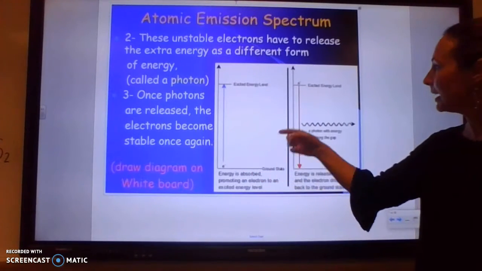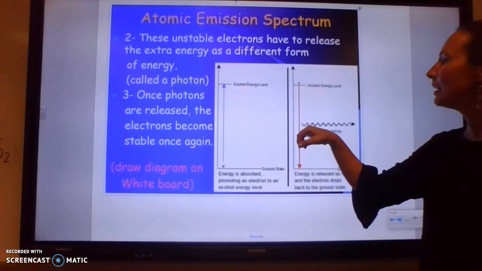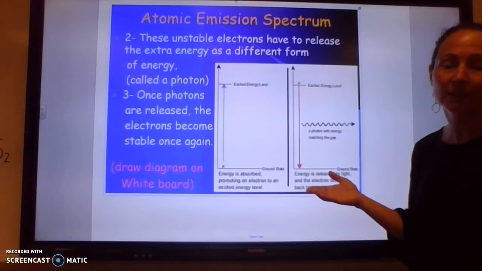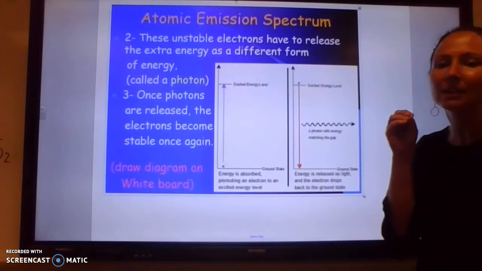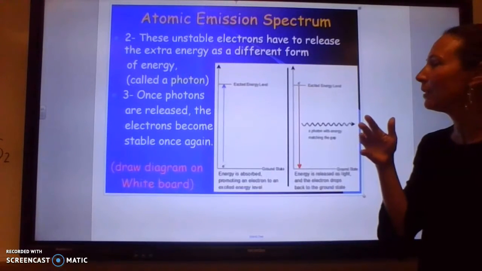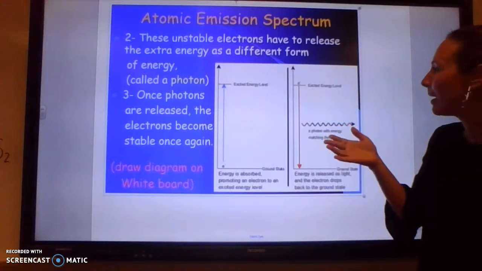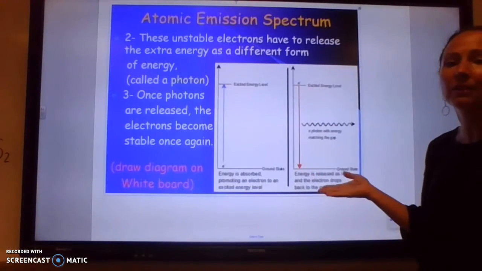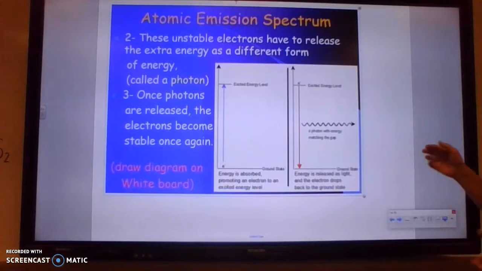To go back to ground state, it's now going to release energy. How? It releases the energy as photons of light. Okay, those photons are those little packets of light that also carry with them a quantum of energy. A quantum is just a specific amount. And it's releasing that. However much energy is released is related to the color of light that's absorbed. Okay?